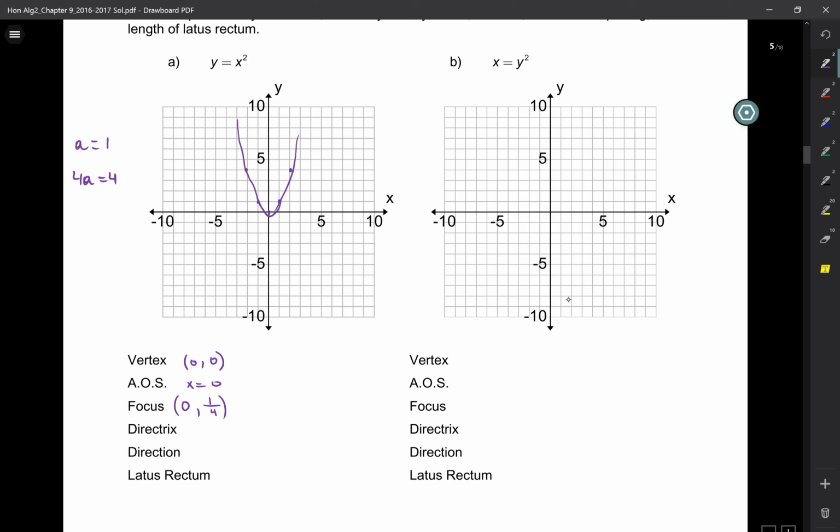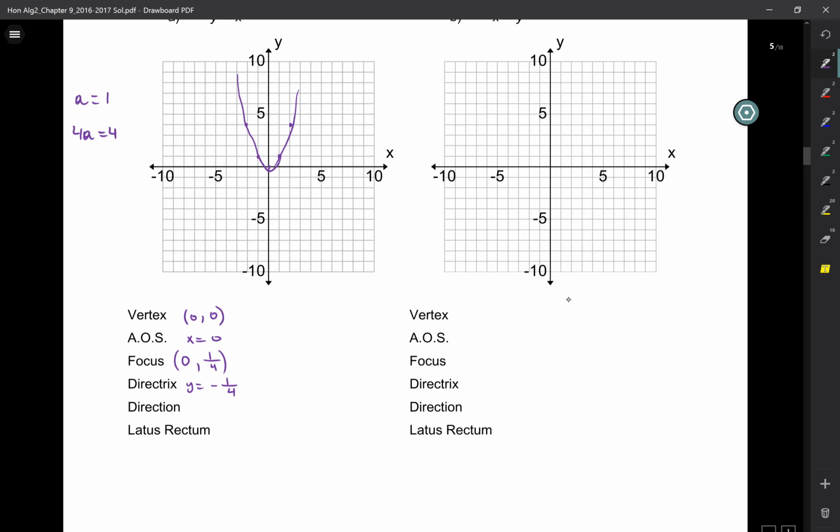Because it's going to be K plus 1 over 4A. The directrix then, the directrix is here. It's going to be Y equals negative 1 over 4. Because if you go up 1 over 4, then you got to go down 1 over 4. The direction is up, and latus rectum is 1.